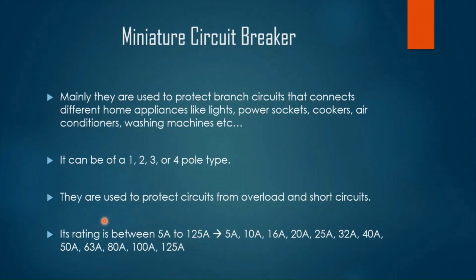Now let's delve into more details about each type of low voltage circuit breaker and understand their characteristics. Starting with the miniature circuit breaker, these are the breakers used for our home appliances. If you open your DB or distribution panel located at your home, you will see this type of circuit breaker.